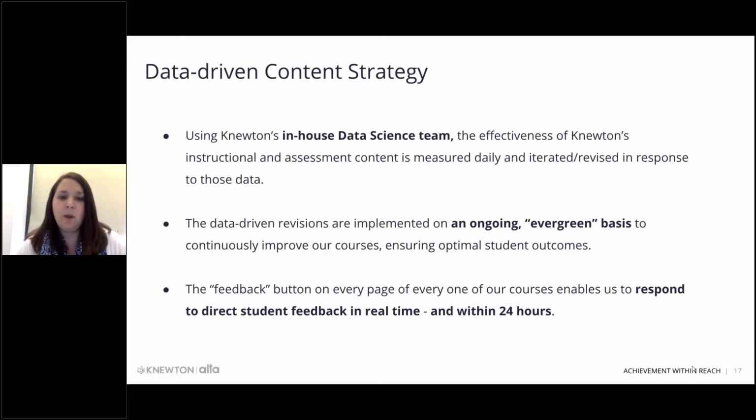I'm able to see right away that a student is struggling, or a group of students, or most students are struggling on a particular topic, and I can go in and make some adjustments to that, add extra instruction, add better answer explanations, whatever the case may be, based on actual real student usage.